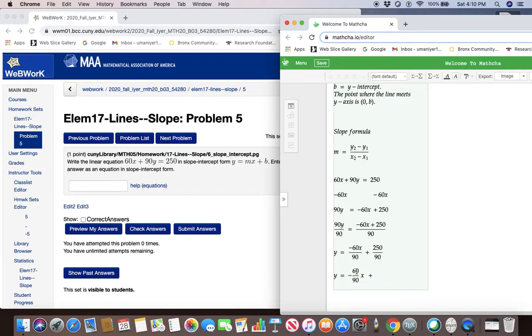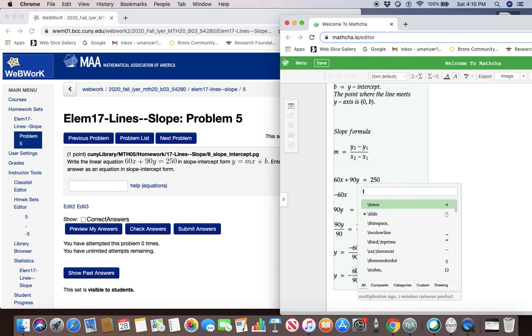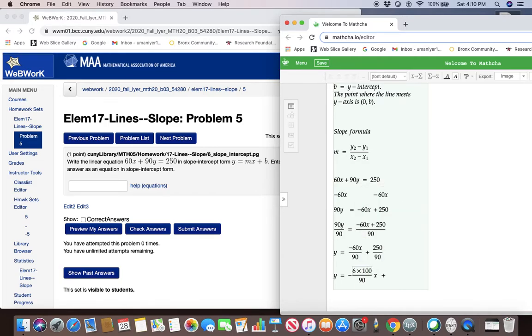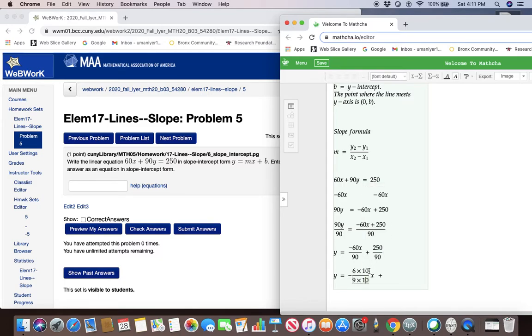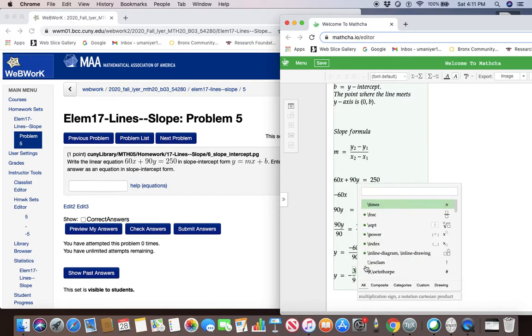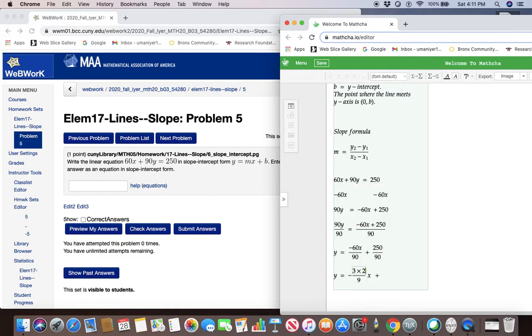So 60 is 6 times 10. 90 is 9 times 10. So you see 10 gets cancelled. Now in the 6 and 9 that's left over, 3 divides in both. 3 times 2 is a 6 in the numerator, and 3 times 3 is a 9 in the denominator. So 3 cancels. Okay.